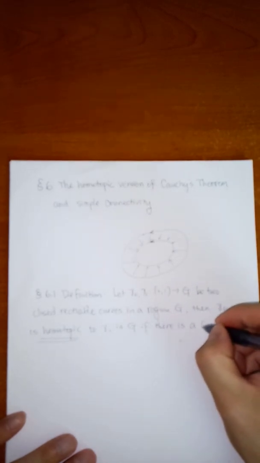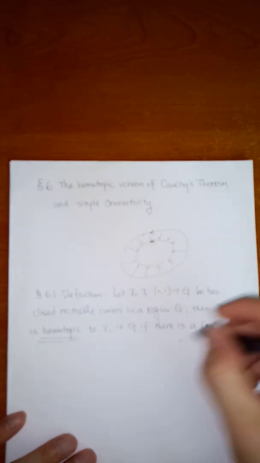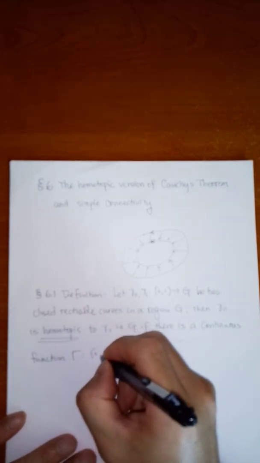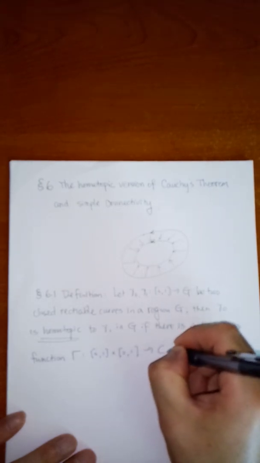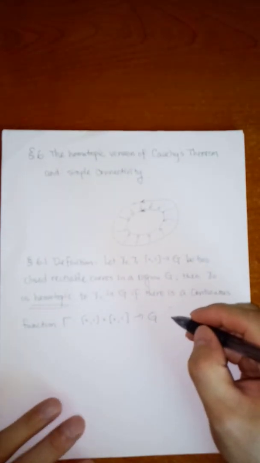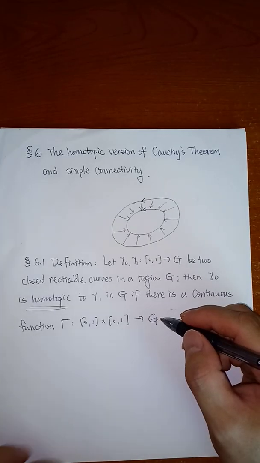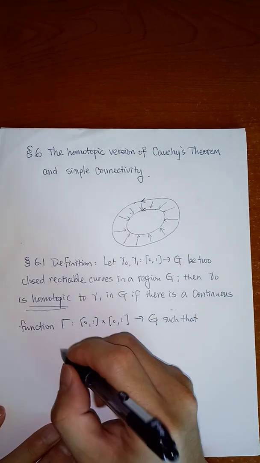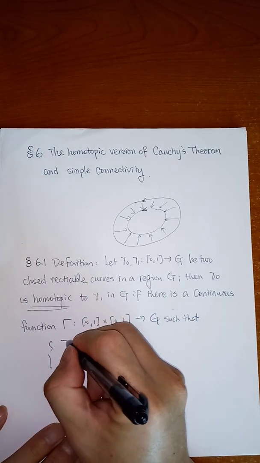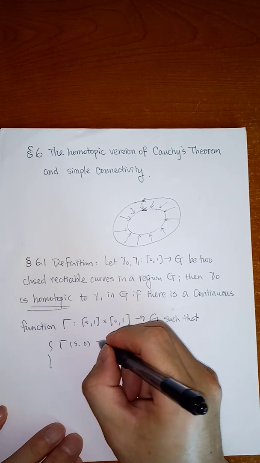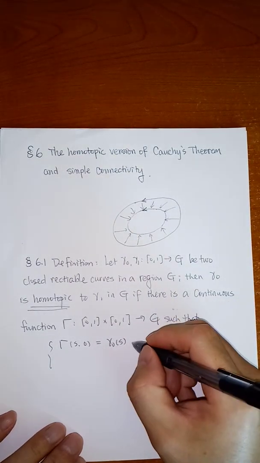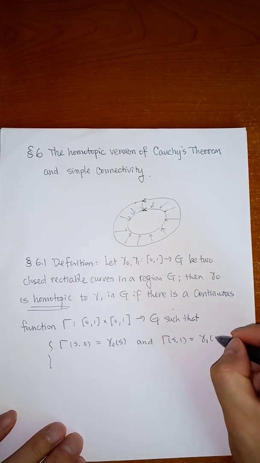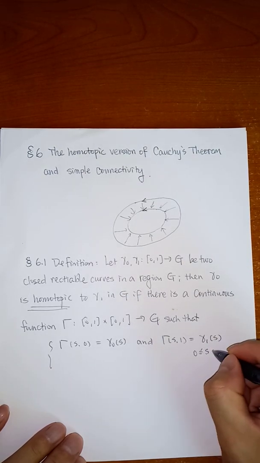there is a continuous function capital Gamma from [0, 1] cross [0, 1] to G such that Gamma(S, 0) is gamma 0 of S, and capital Gamma(S, 1) is gamma 1 of S for S between 0 and 1.